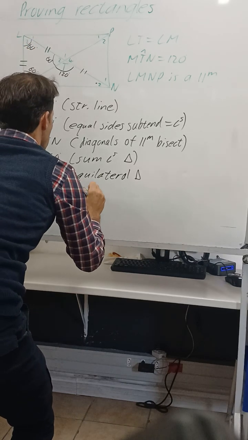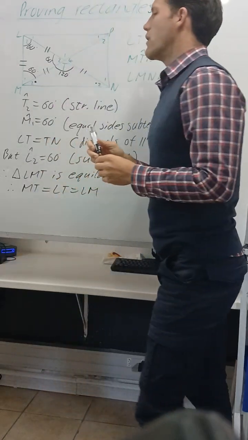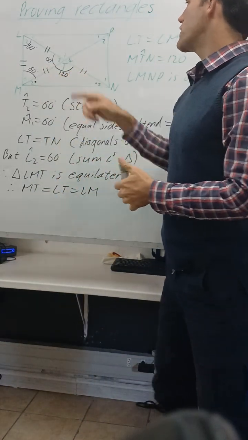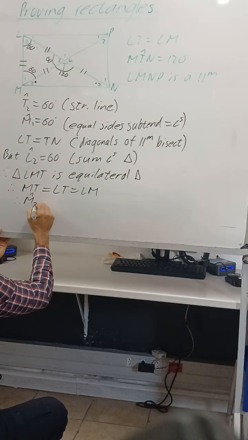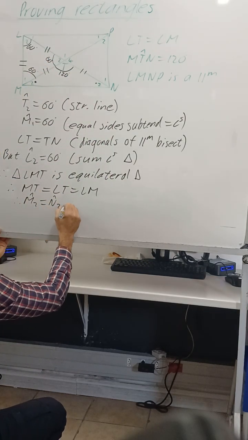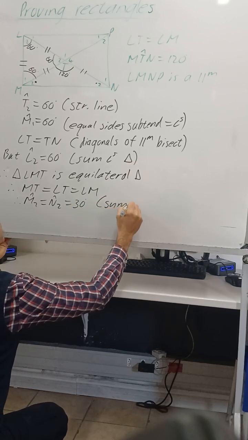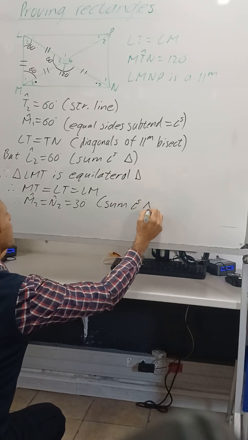So those three sides must be equal, because it's equilateral. And now we can say therefore M2 is equal to N2. They're both equal to 30. And your reason: sum of angles of a triangle.